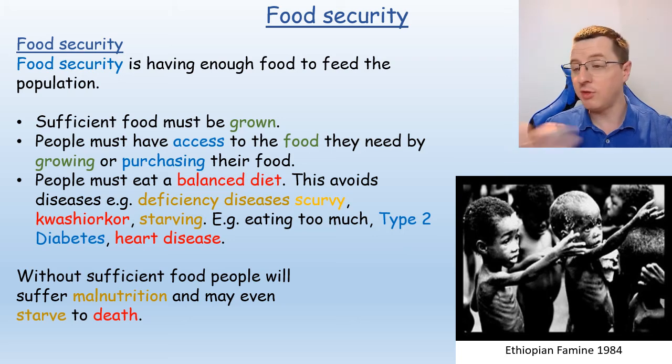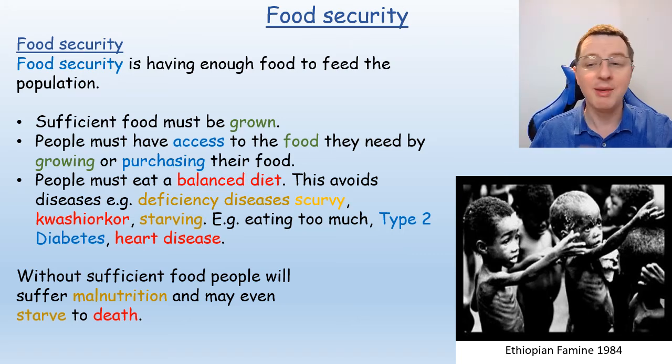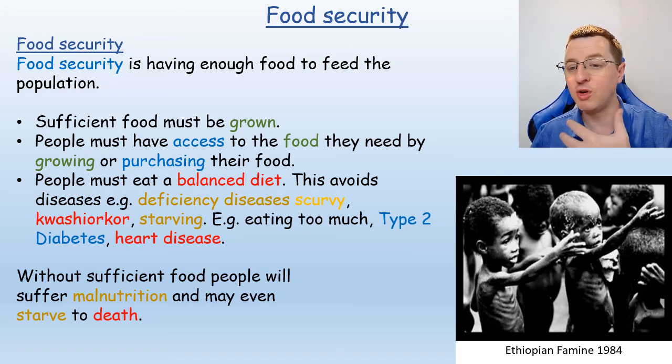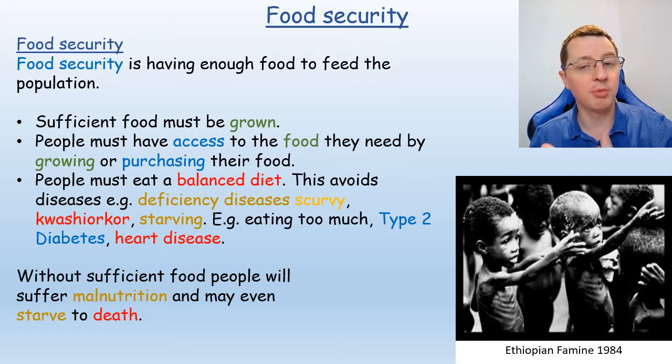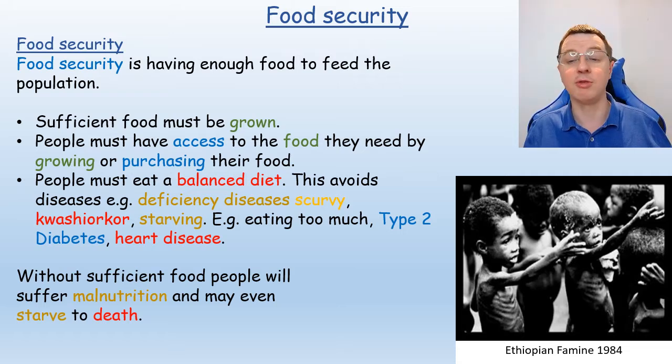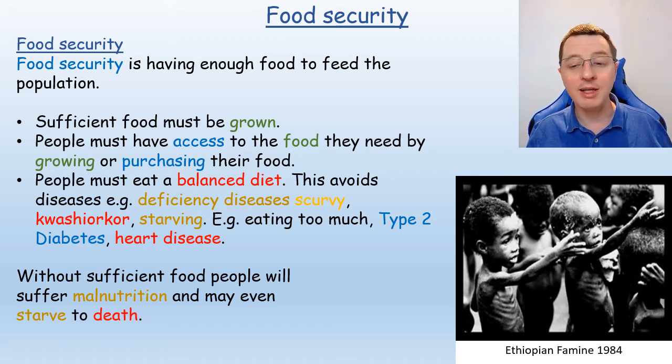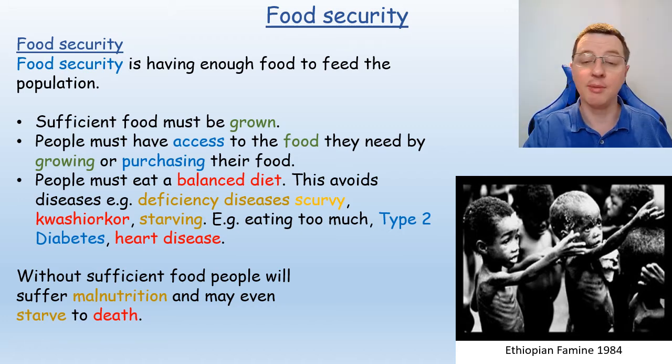Or in fact, the exact opposite is also true. It must be a balanced diet, so we're going to try and avoid eating too much. For example, diseases that you can get from having too much might be type 2 diabetes or heart disease. Without sufficient food, people will suffer malnutrition. They may even starve to death, as happened in Ethiopia in 1984.